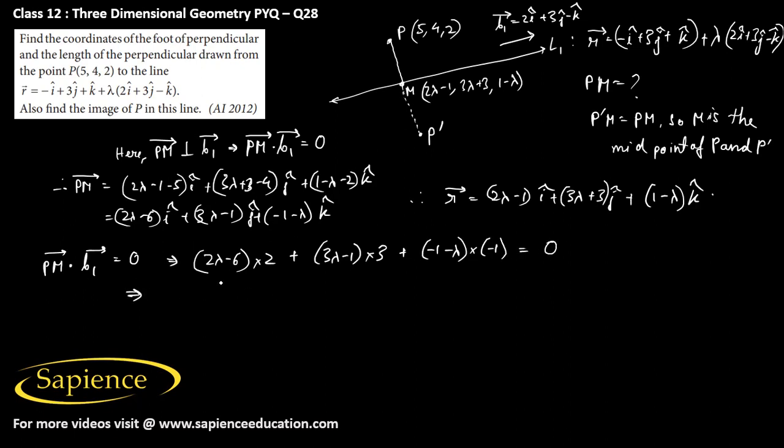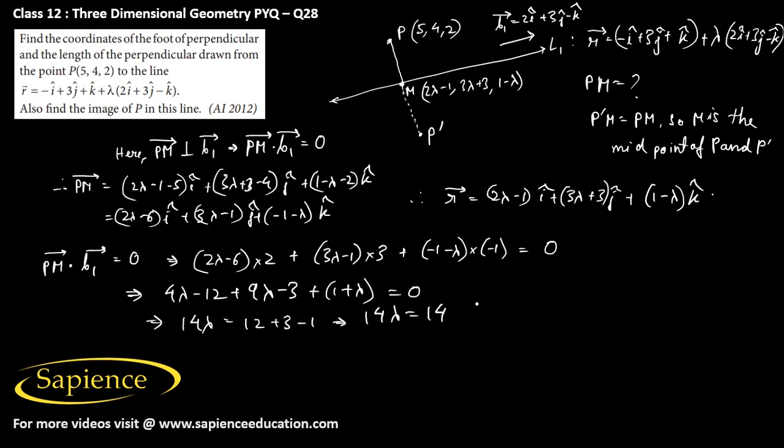So therefore it is 4 lambda minus 12 plus 9 lambda minus 3, plus 1 plus lambda, equal to 0. So 4 lambda plus 9 lambda plus lambda, it is 14 lambda, equal to 12 plus 3 minus 1. So 14 lambda is equal to 14. So it means lambda equals 1.